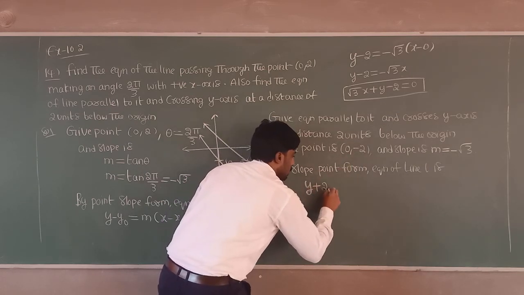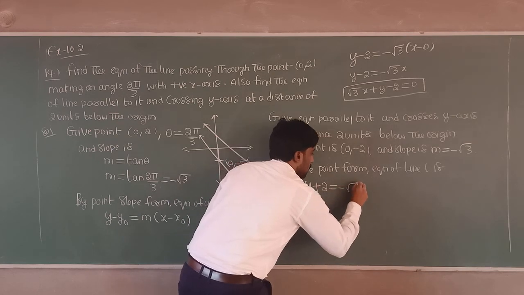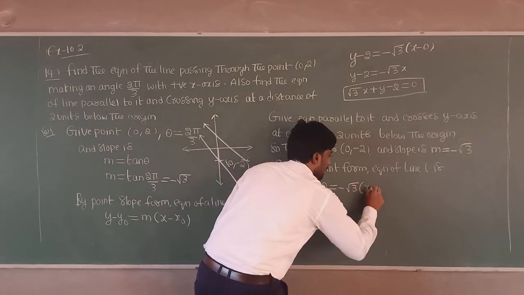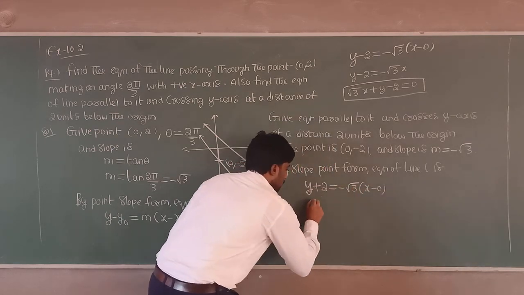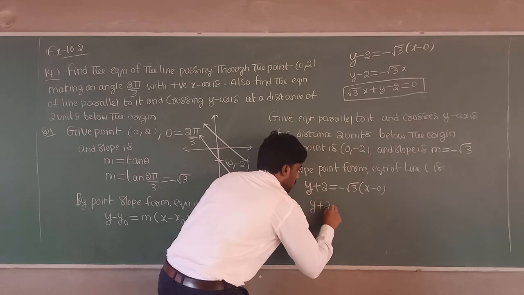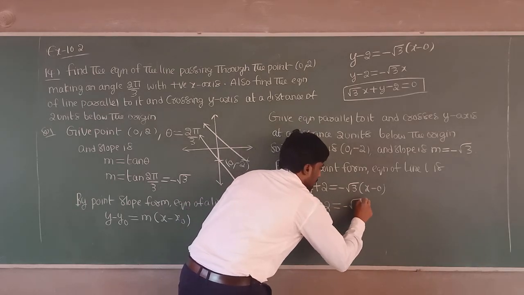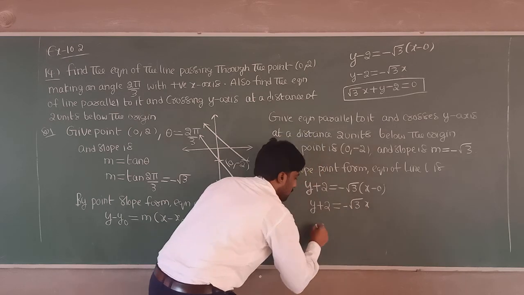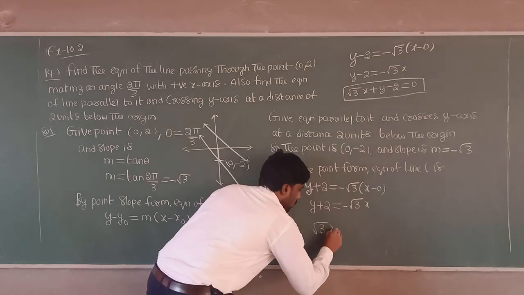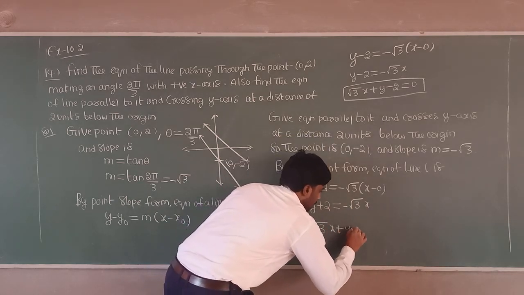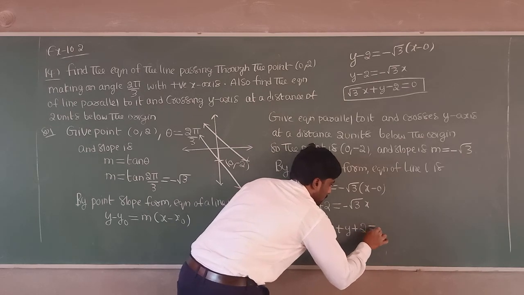So y plus 2 equals minus root 3 into x minus x naught, which is y plus 2 equals minus root 3x. Bringing it to this side, I get root 3x plus y plus 2 equals 0.